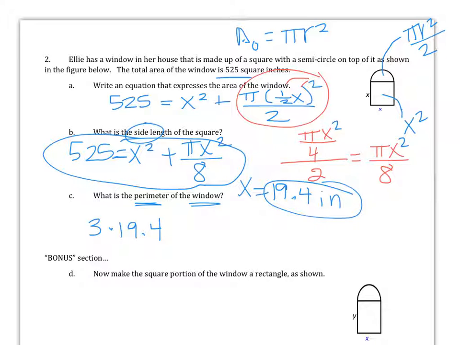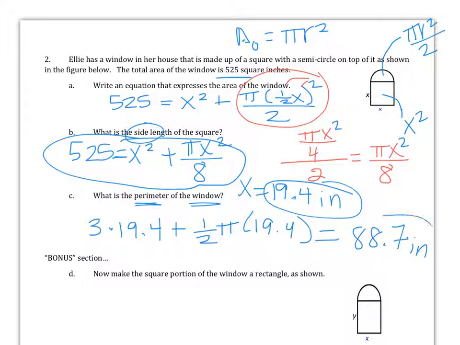So we're going to add to our perimeter half of pi times x, 19.4. And if I stick that in my calculator, I get about 88.7, and that is inches for perimeter.